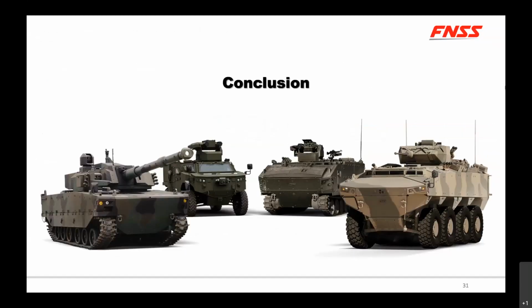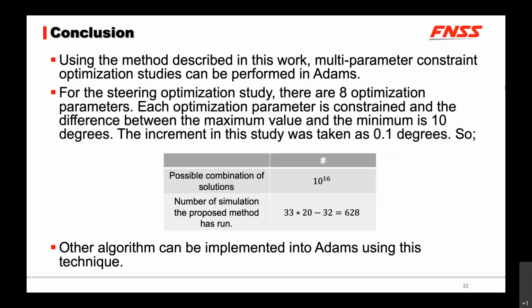So as a conclusion, using this method, multi-parameter constraint optimization studies can be performed in Adams. For the steering angle optimization study, we are searching 10 degrees for each tire, and we are using an increment of 0.2 degrees.